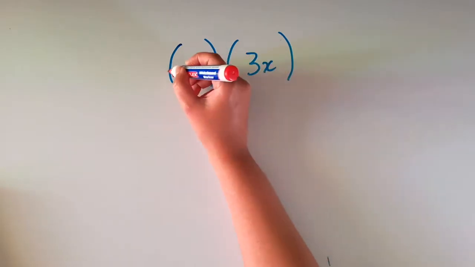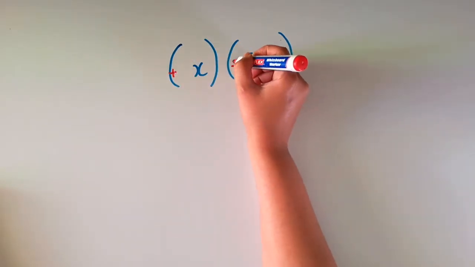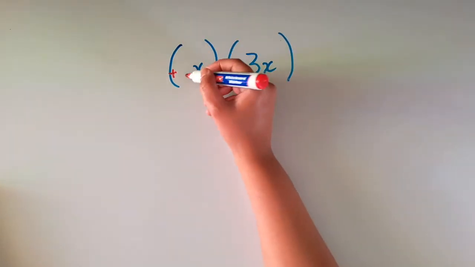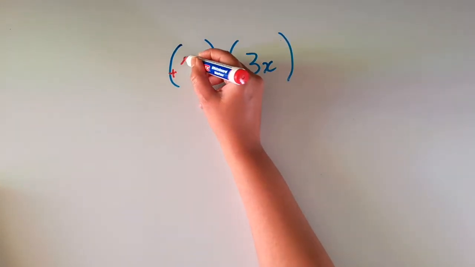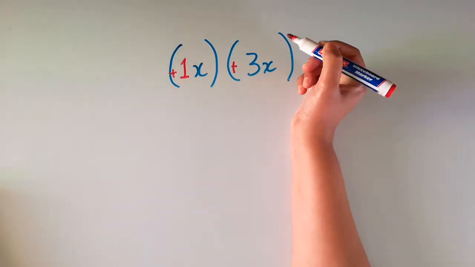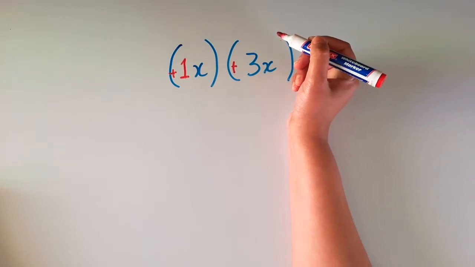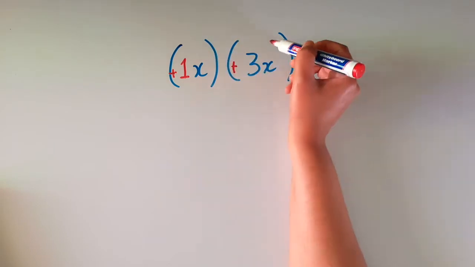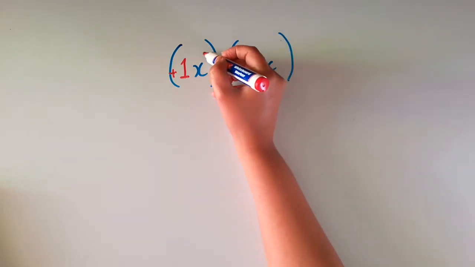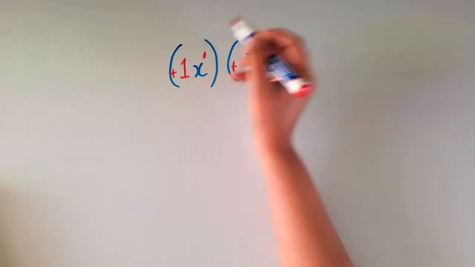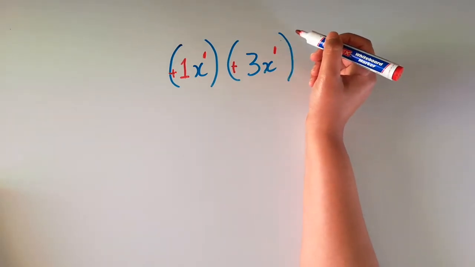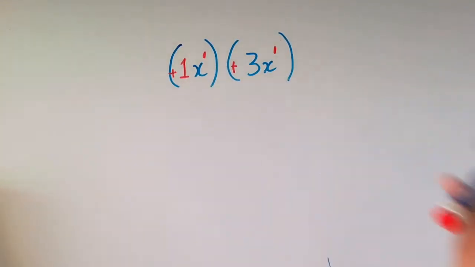So there's a plus there and there's a plus there. Secondly, I told you if there's no number in front of the x, then that number is a 1. It's an invisible 1. And lastly, if there is no exponent here, then there's an invisible 1 there. So here as well, there's an invisible 1. So we've put in the invisible numbers.